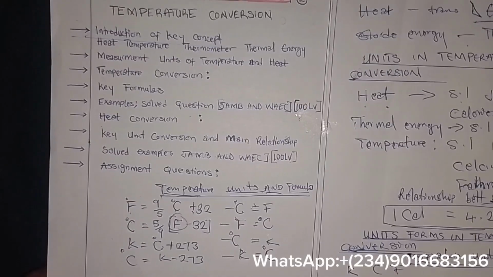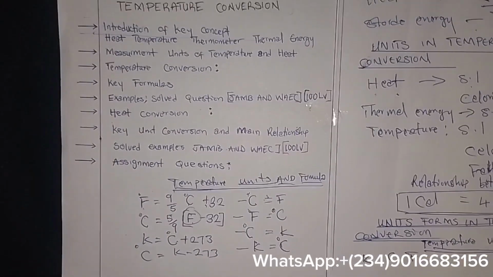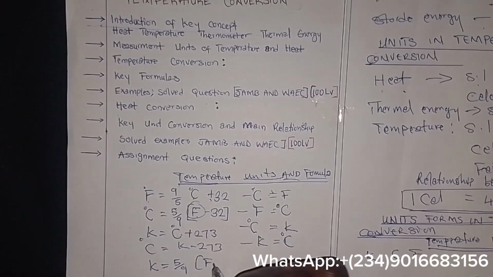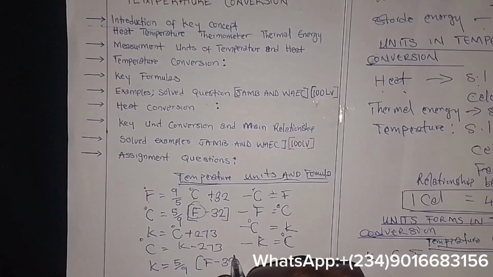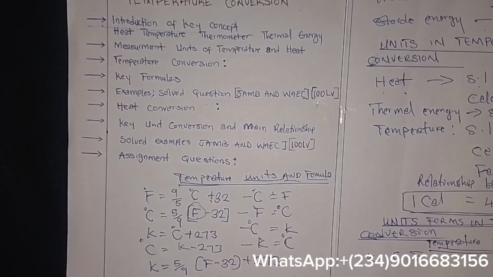Now there are two amazing formulas that I always use, and I'm going to explain them. K is equal to 5/9 in brackets Fahrenheit minus 32, plus 273.